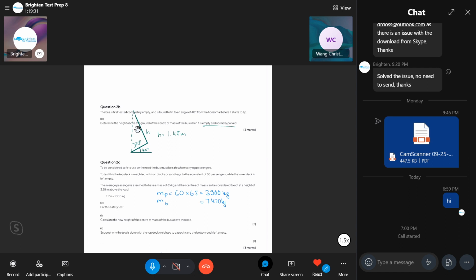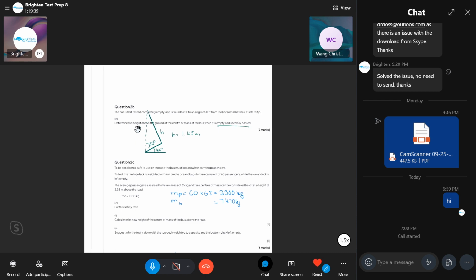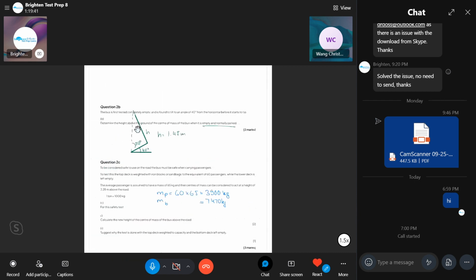So we can say, let me think, where is that? This one. So the center of gravity from the ground up when it was standing was where? Let's make this the ground.